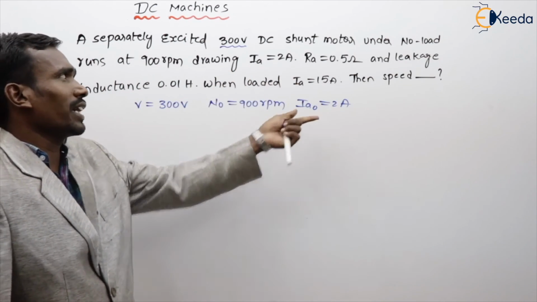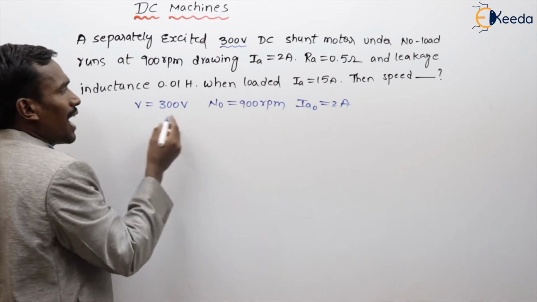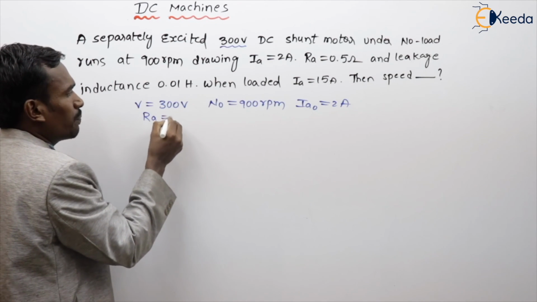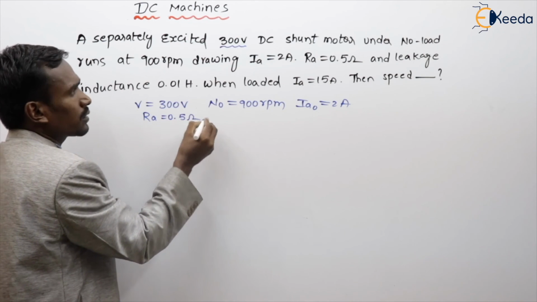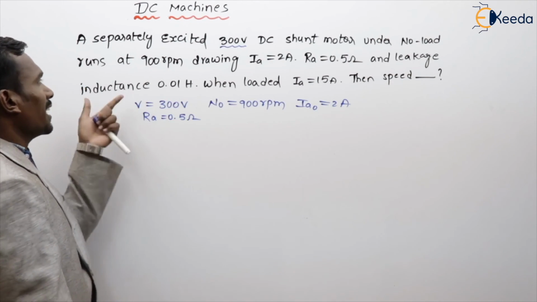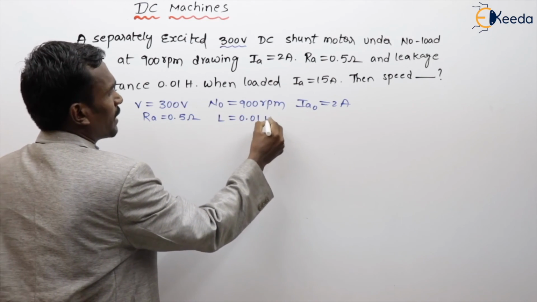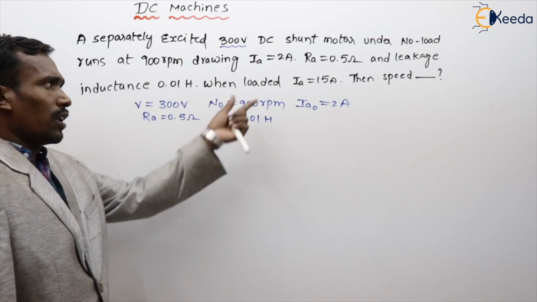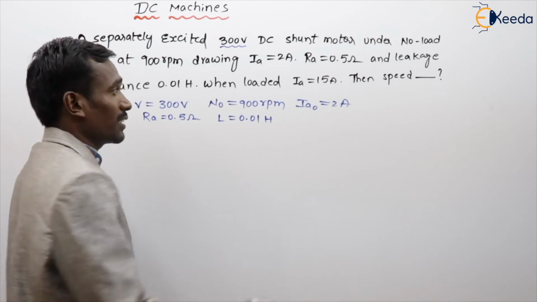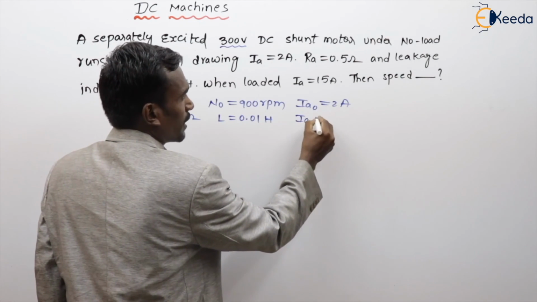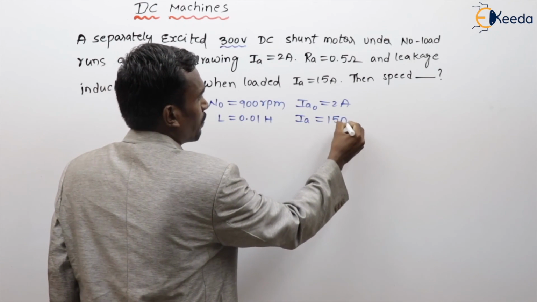The armature resistance they given is 0.5 ohms, and the leakage inductance they given 0.05 henries. Under loaded condition the armature current is 15 amperes.